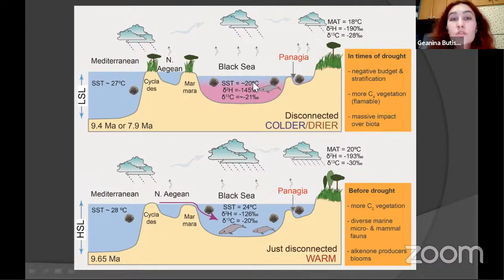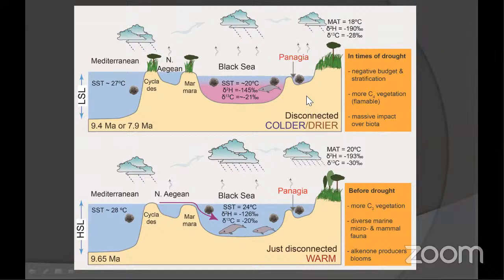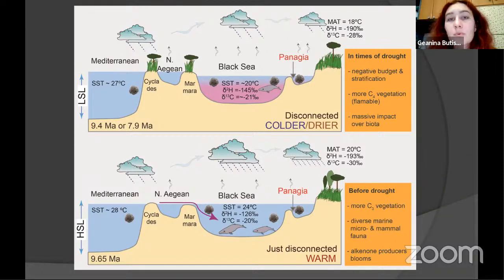But a drier environment also makes possible the expansion of C4 vegetation, which is more flammable and it burns more.